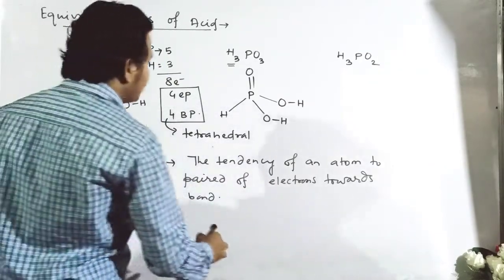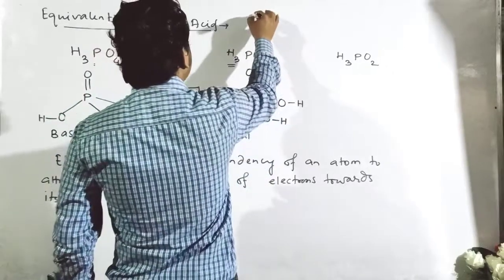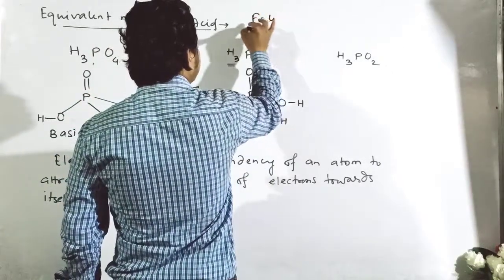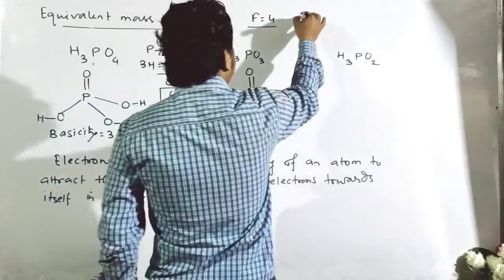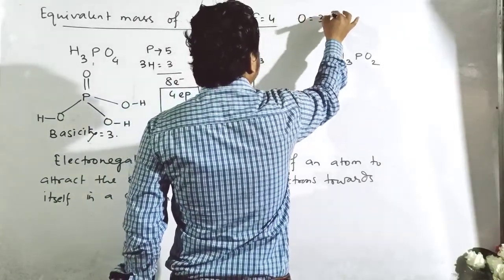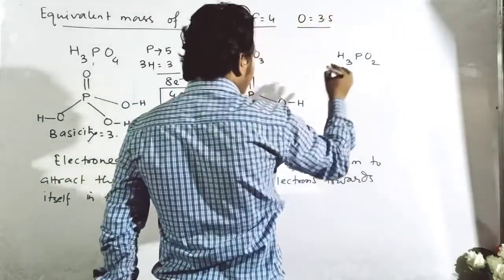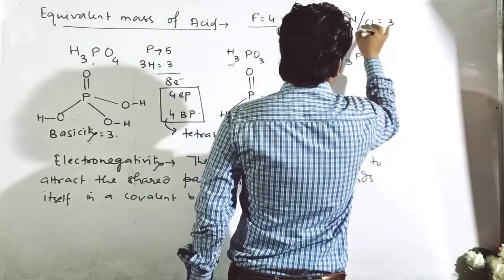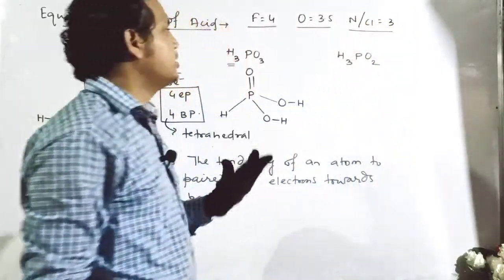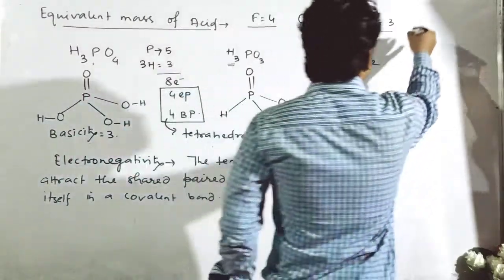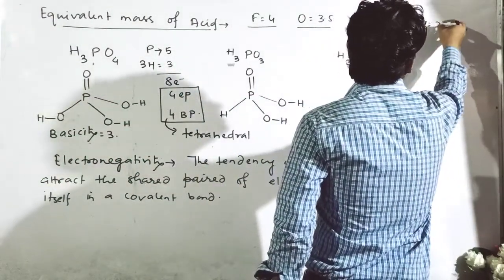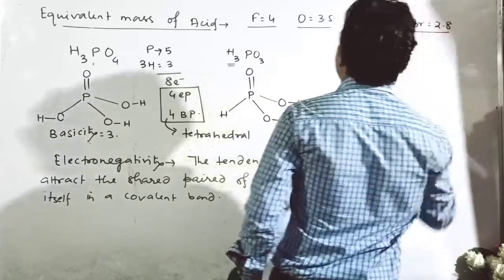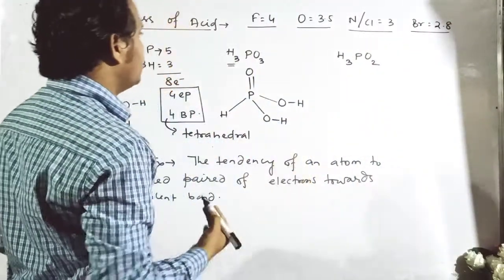Now we know that in the periodic table, fluorine has the highest electronegativity. Second highest is oxygen, 3.5. Third are nitrogen and chlorine, at 3. After that, bromine, 2.8. I am writing the ones which are most used.